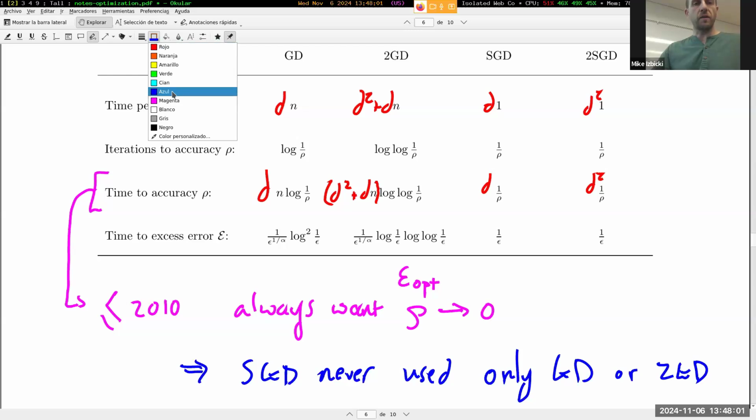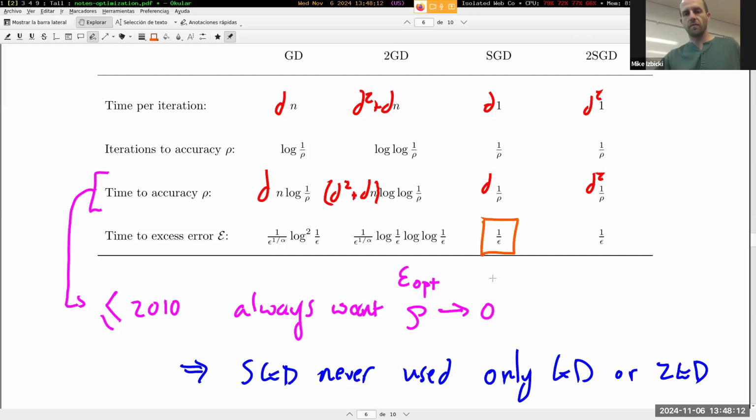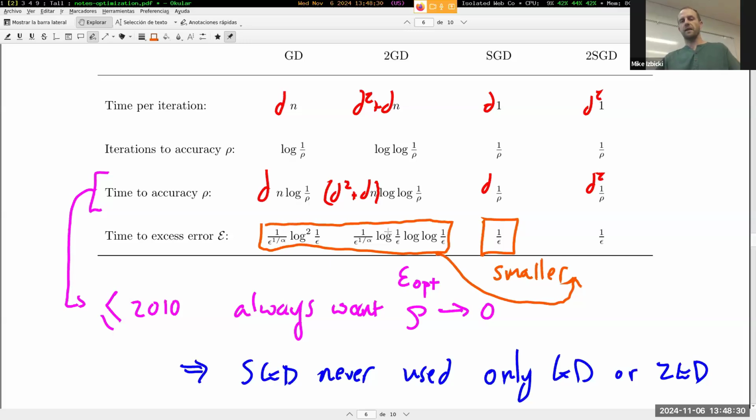Looking at these 4 formulas, the big picture takeaway is that this one is smaller. The time to excess error for SGD is smaller than these. So SGD is smaller than both gradient descent and second-order gradient descent. It's smaller for 2 reasons.